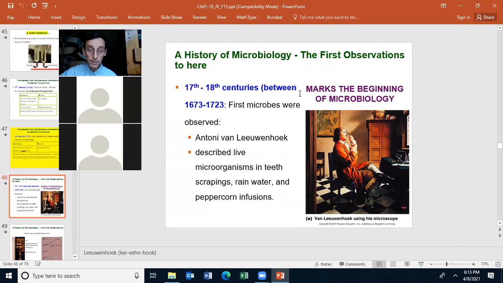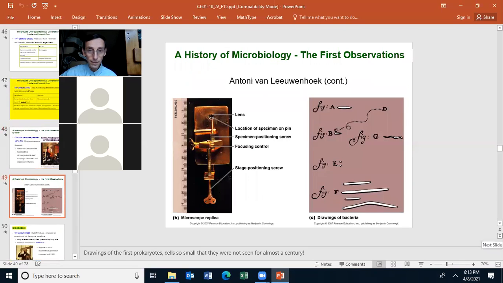We talked about Antonie van Leeuwenhoek being the first person to see microorganisms. He lived from 1673 to 1723, so something like 1690 is when he had his first microorganisms.